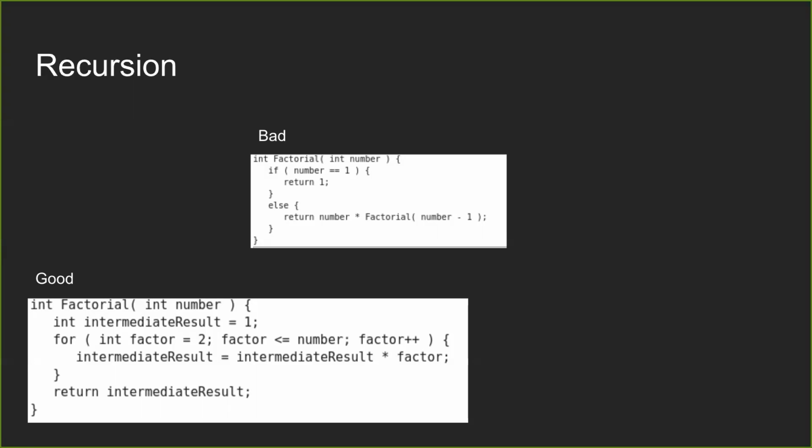Although it is a common way of presenting it in mathematics, it's not always the best idea to do it in programming.